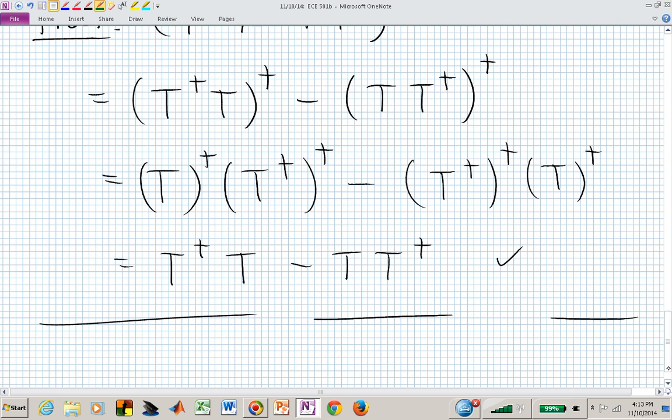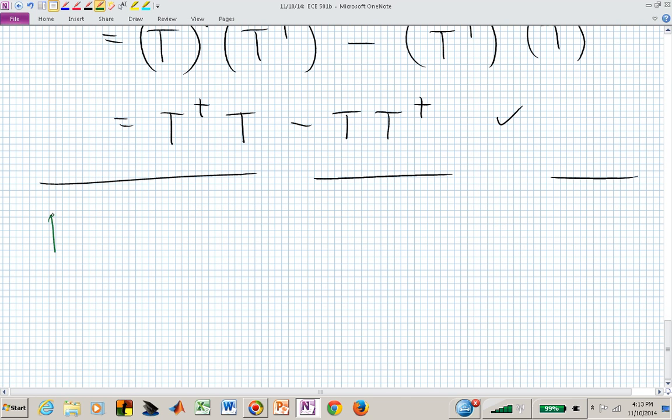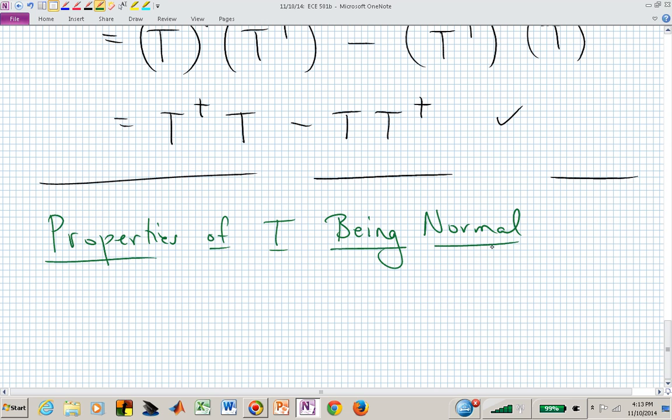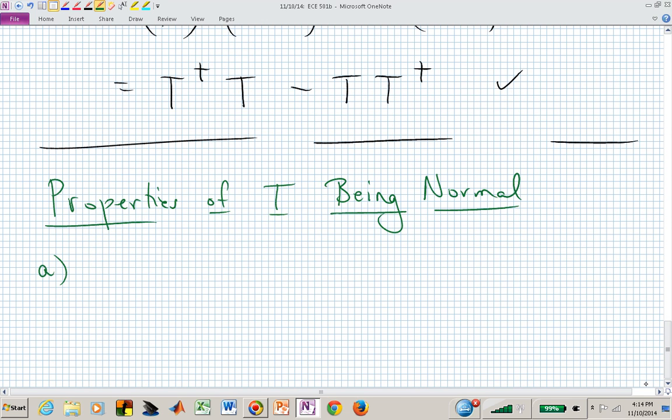Let's now look at some properties of T, this operator, being normal. And we'll look at two properties as indicated in our beginning list of goals.